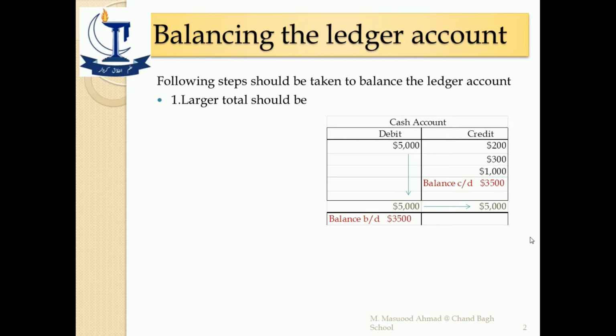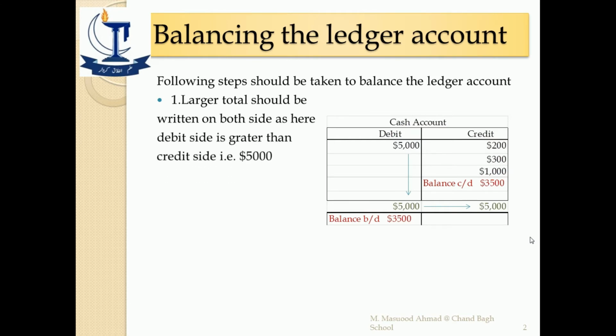The larger total should be written on both sides. Here the debit side is greater than the credit side, that is 5,000. So boys, here in black ink we have written 5,000. As you know from the previous lesson, that was the cash introduced by the business owner, and we placed 5,000 on the debit side of the cash.